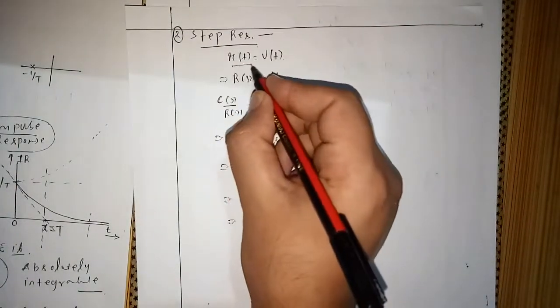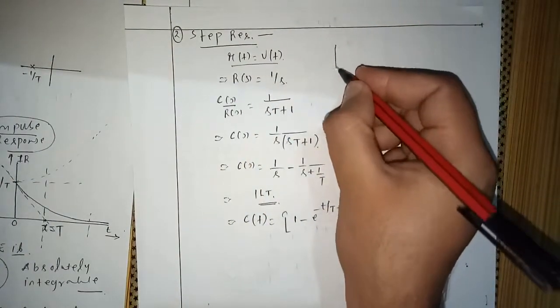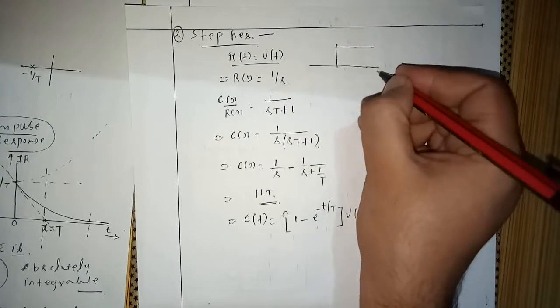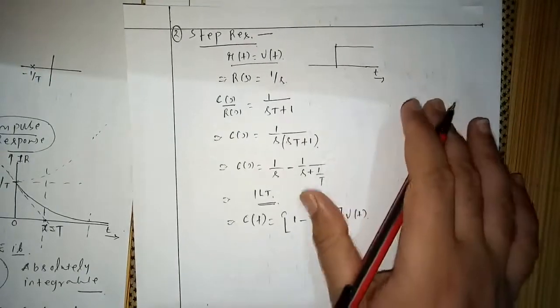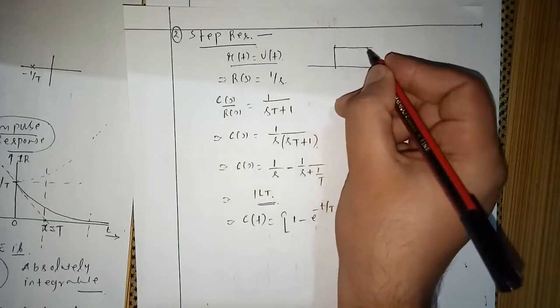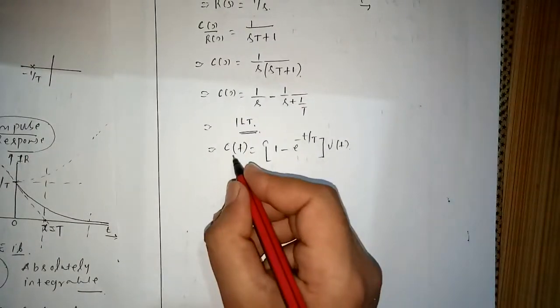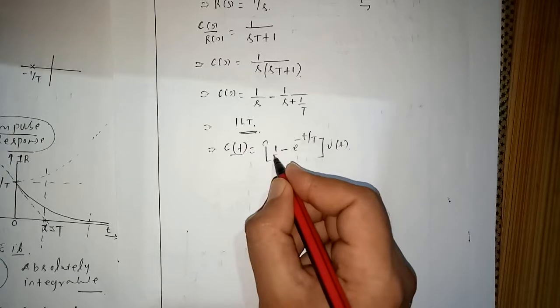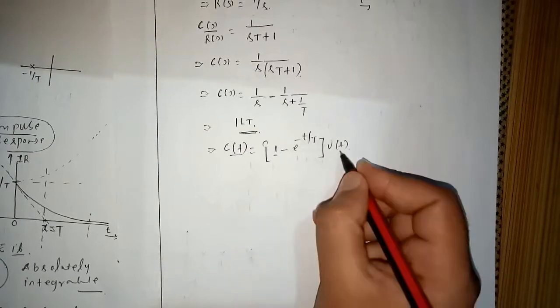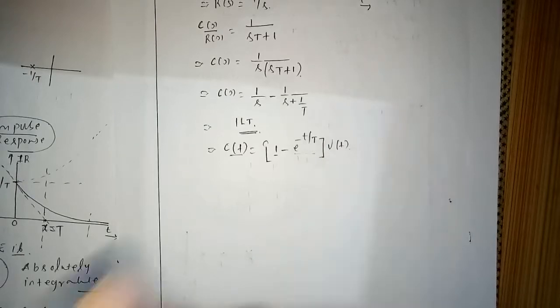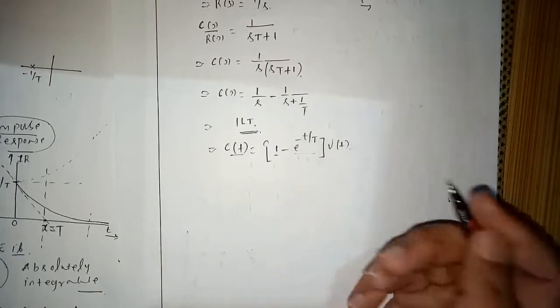So r(t) is my input, which is 1 for all time, and the output is 1 for all time, and some part will be subtracted from it, and it will decay with time.